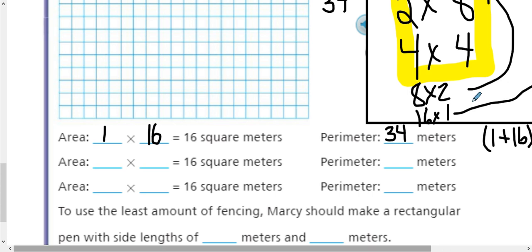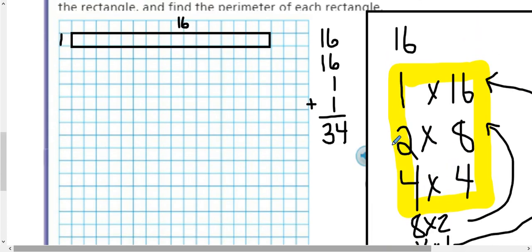All right, let's take a look at our next one, a 2 by 8. So we can go with 2 here. And let's see, 2, 4, 6, 8. Do we get that? 1, 2, 3, 4, 5, 6, 7, 8. Very good. All right.